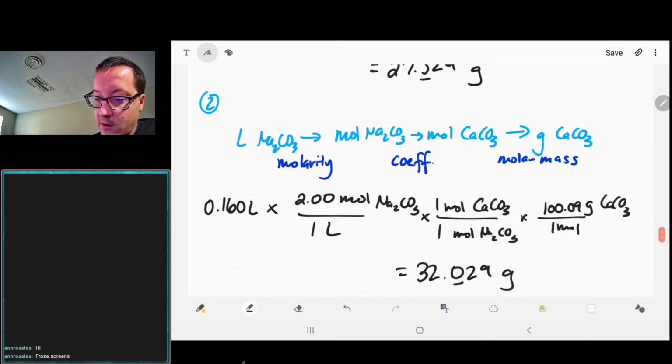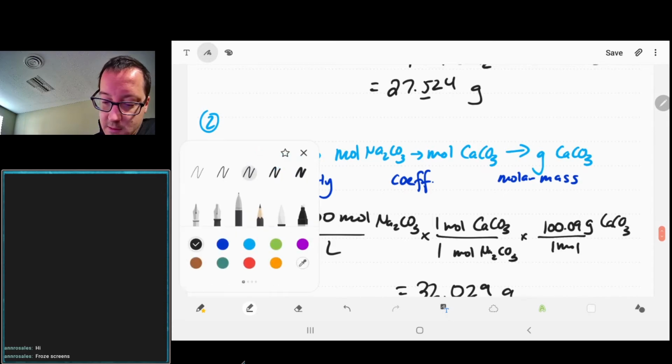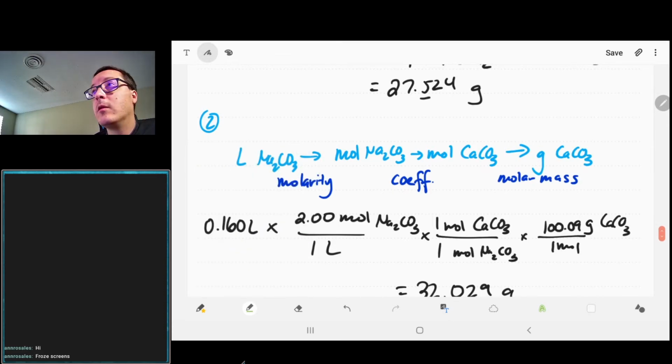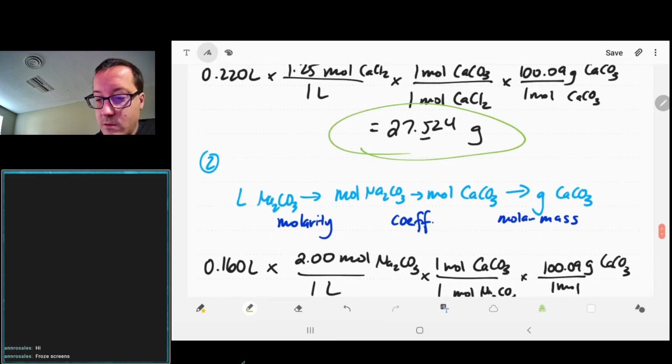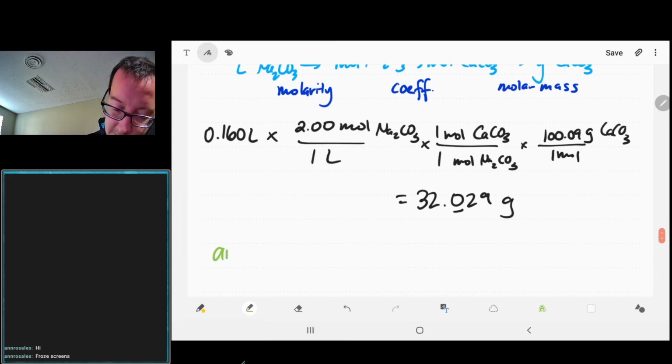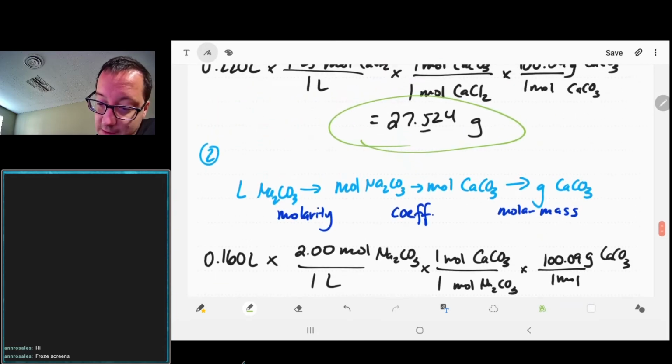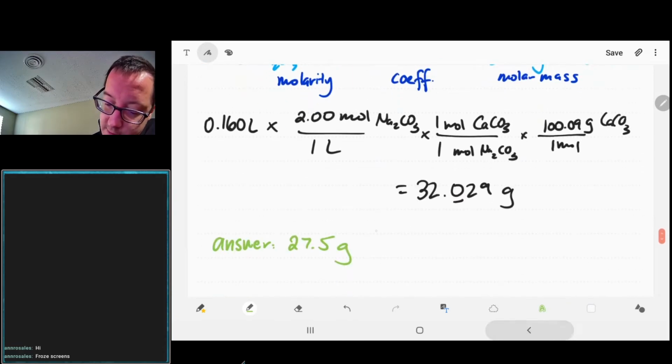Now comparing our numbers, we always choose the smallest one. And so our answer is, we're going to say 27.5 grams of calcium carbonate can be produced.